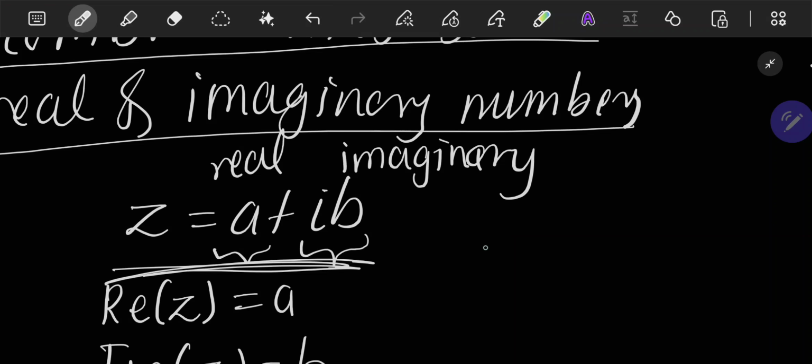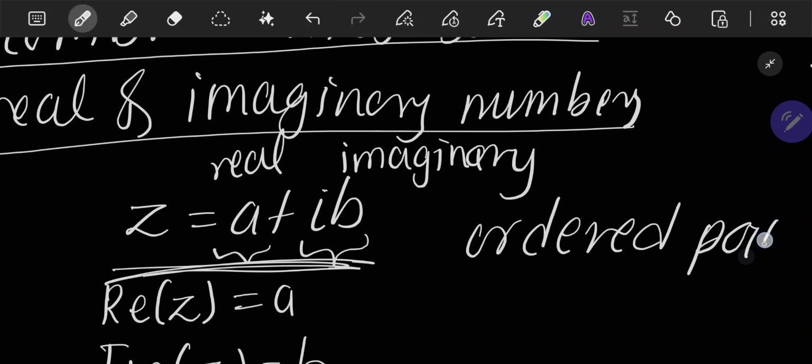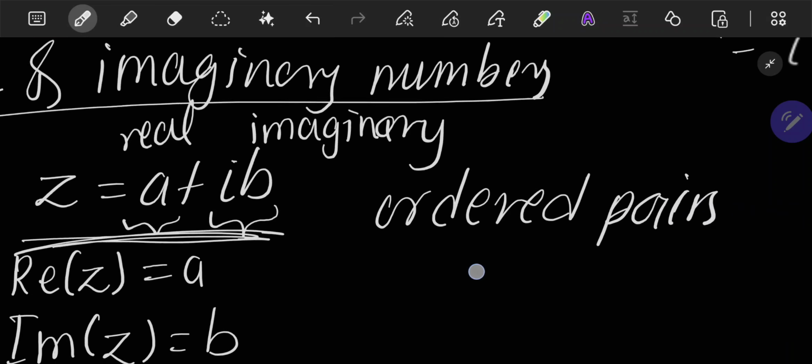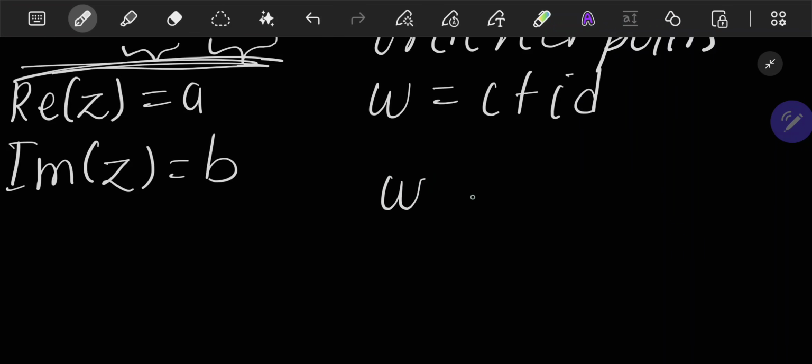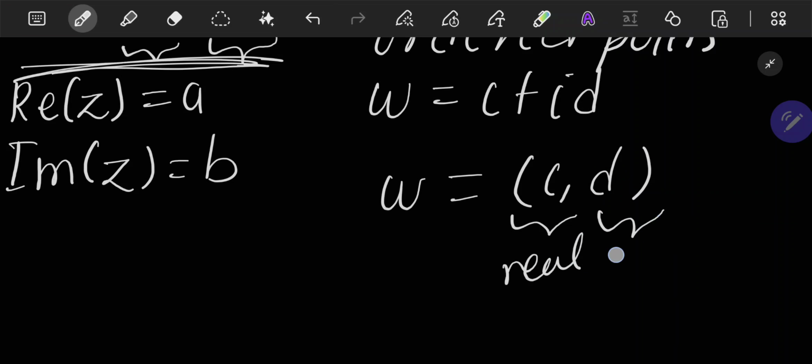We also use ordered pairs. So if we have a complex number, let's say w is equal to c plus i d, we can write w also as an ordered pair, c, d. This, of course, being the real part, and this being the imaginary part.